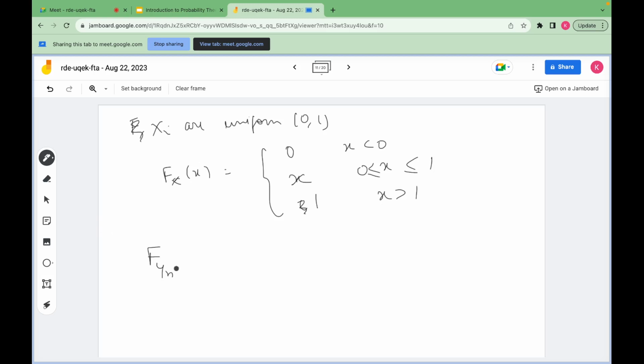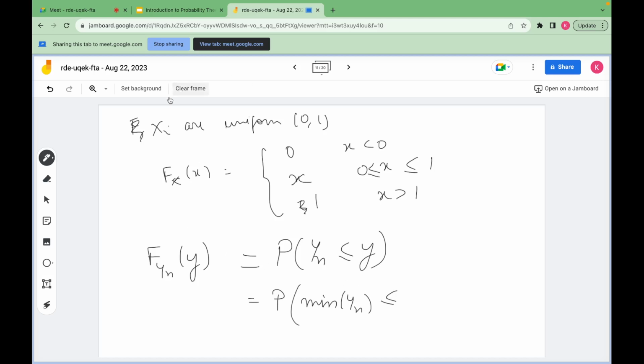So now we will find the cumulative distribution function for Yn. This is the probability that Yn is less than or equal to y. We can write this as 1 minus the probability that Yn is greater than y.